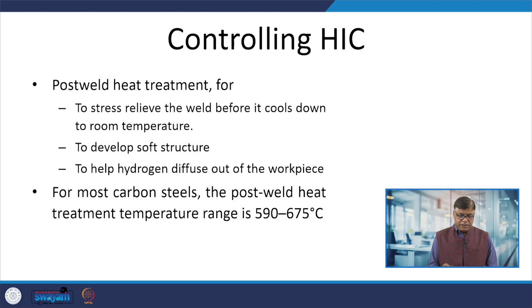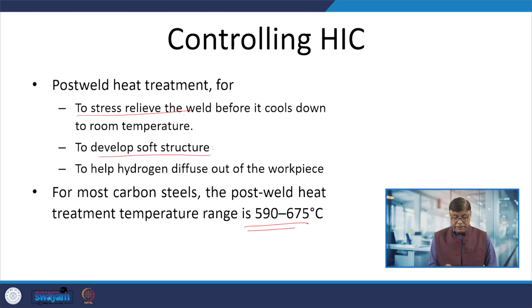The post-weld heat treatment helps in a number of ways. Once the weld joint has been developed, it's very hard, very brittle, having a lot of residual stresses and martensitic phases in the weld and the heat affected zone. So, if we do the post weld heat treatment in the range of say 590 to 675, then it will be relieving the residual stress, so the residual stress magnitude will be reduced.